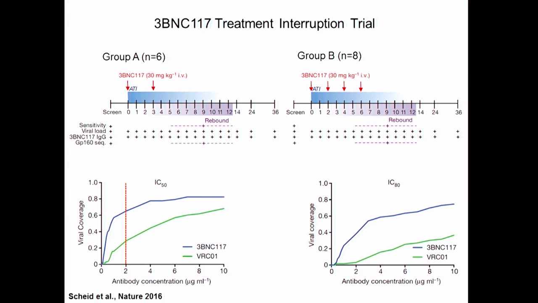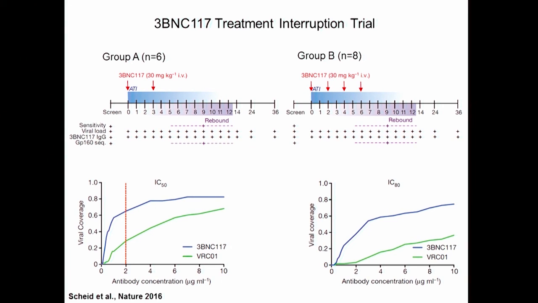And so we outgrew those samples and then screened them for their sensitivity to 3bNC117. That data is summarized down here for IC50 and IC80 values. And in our trial, we just used as a cutoff 2 microgram per mil for an IC50 value to enroll the patients. So they had to be able to be neutralized at 2 microgram per mil or less IC50 in order to be part of our trial.